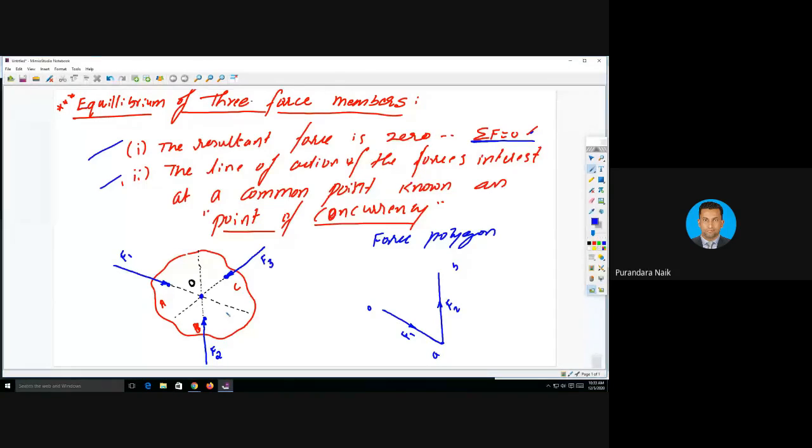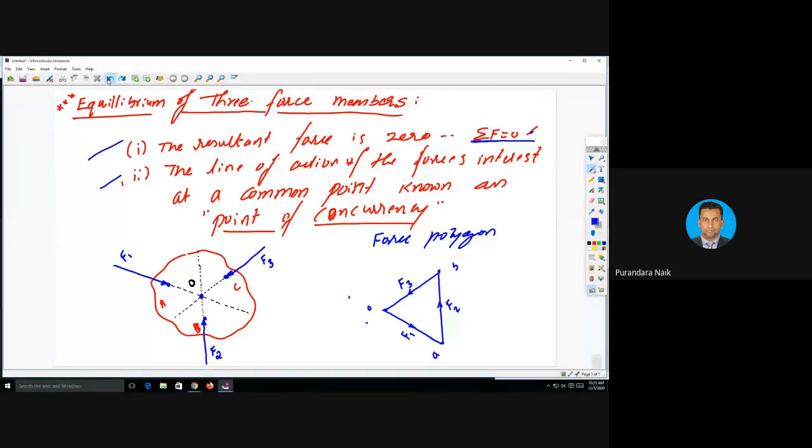F3 is parallel to F3 from this point, from B. So it must close, meaning the end point of F3 must be on O. Then only you can say it is static equilibrium. If it is not closed, if the end point of F3 is somewhere here or here, then you can say it is not an equilibrium condition. So if this condition is satisfied, you can say it is in static equilibrium.